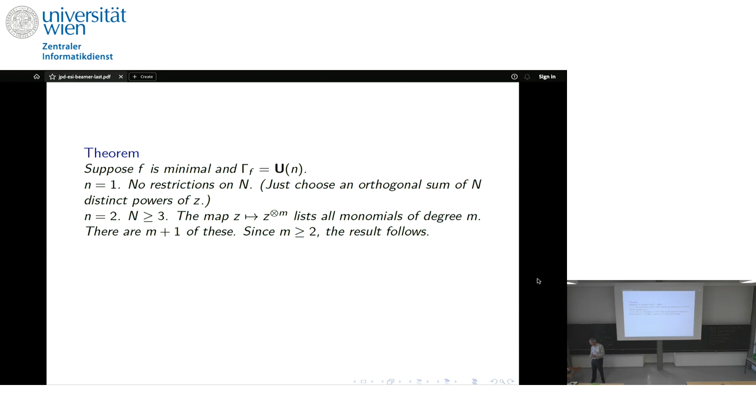So the answer here is that possible target dimensions for minimal maps are every number at least 3. 2 doesn't arise because the equidimensional case has to be an automorphism or linear fractional transformation. The group is not the unitary group, right? Okay, so that's the result.